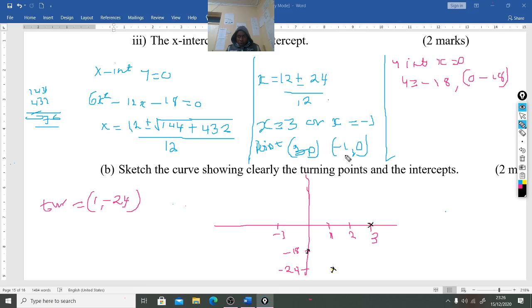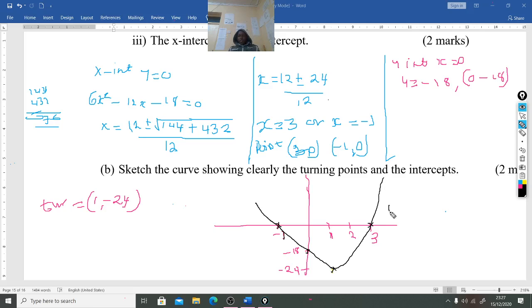Also -1, 0, I also have a point here. So it means that there is a curve that is turning at this point.